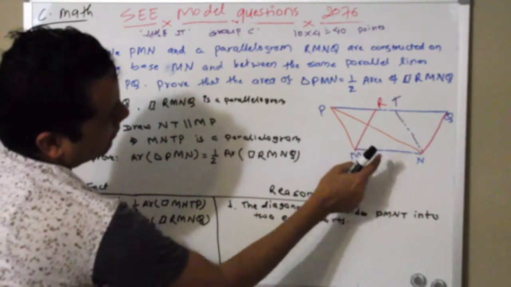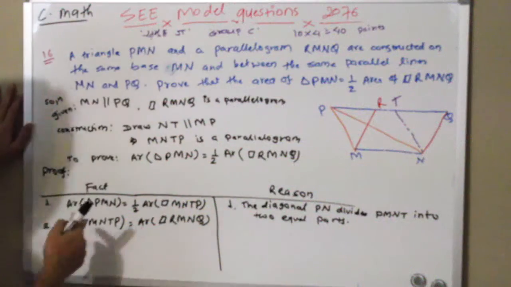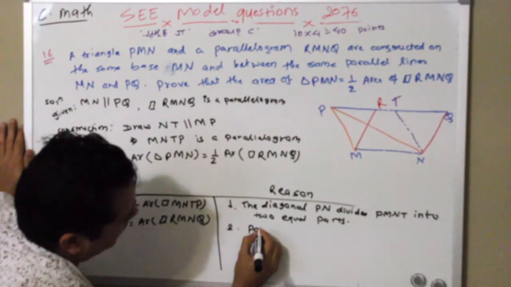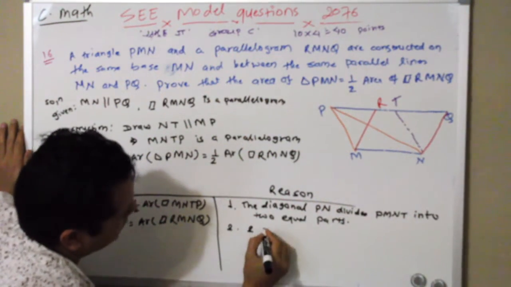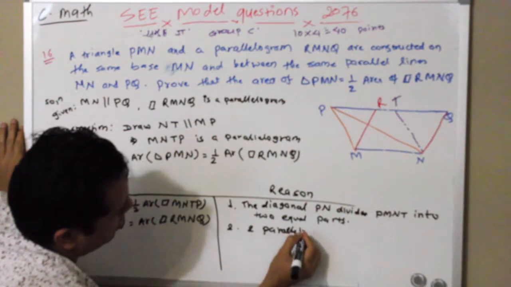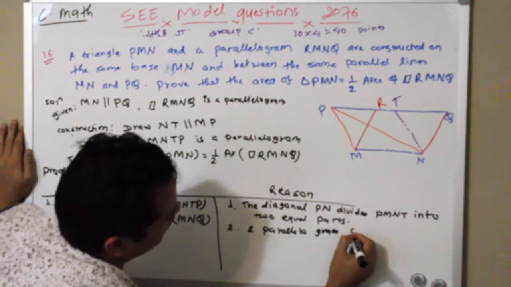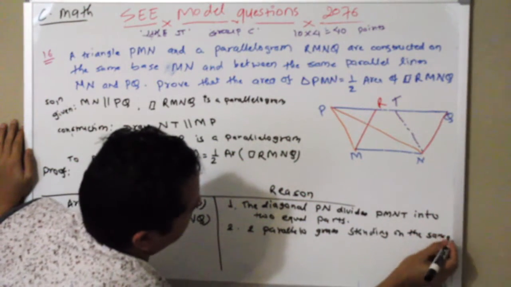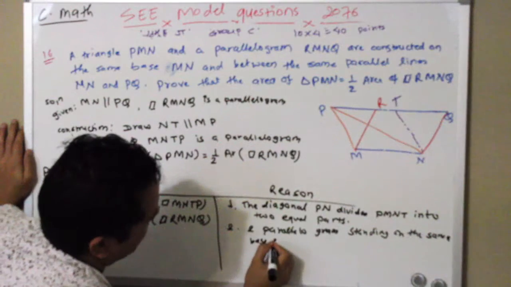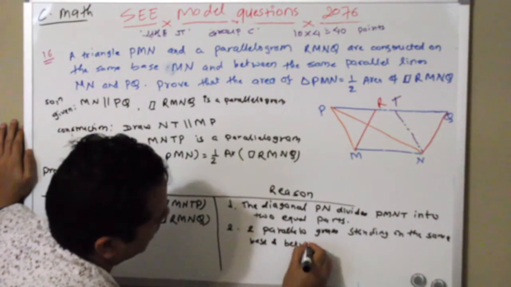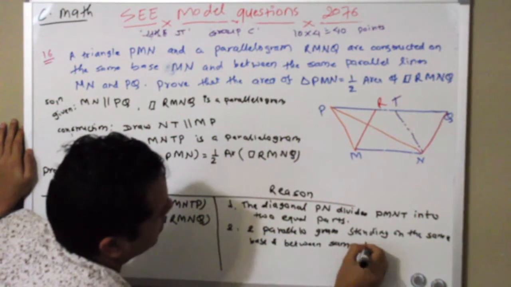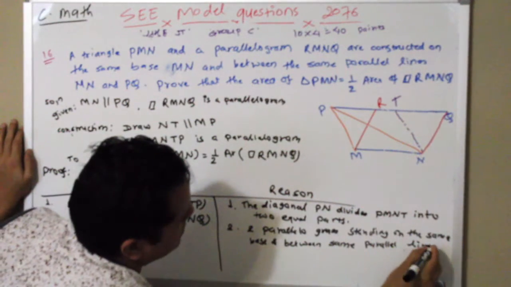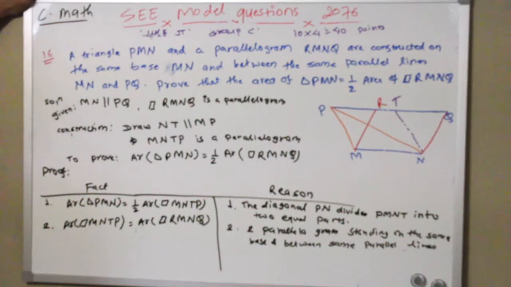Parallelograms PMNT and RMNQ, their areas must be equal, because the reason is two parallelograms standing on the same base and between the same parallel lines.